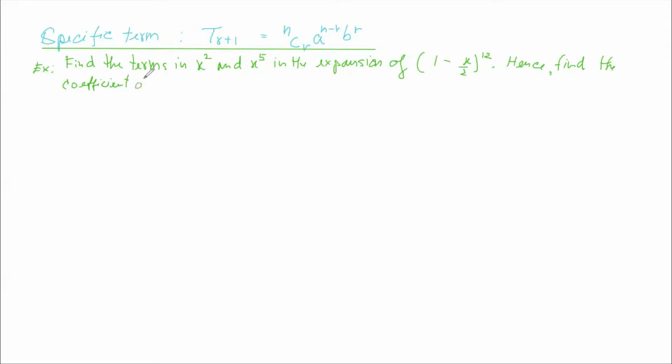Then find the coefficient of x^5 in the expansion of (3 + 2x)^3 times (1 - x/2)^12.